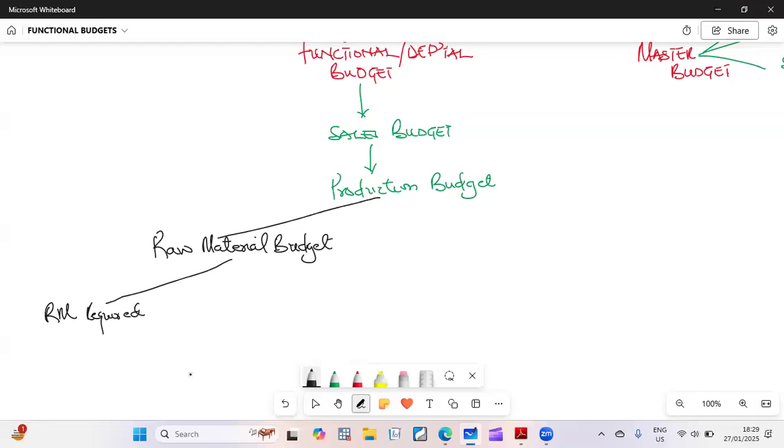So how many raw materials will we need? So we will do the raw materials required budget. And this one will be in units. Sales is in units, but if you multiply, you get your value.